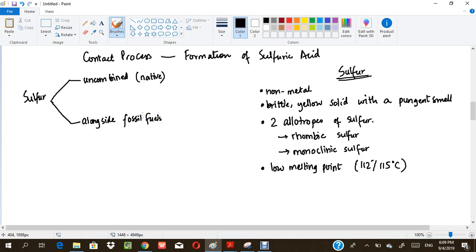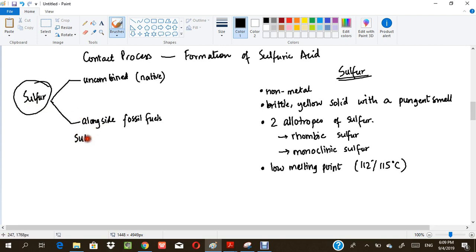Sulfur is a very important impurity in fossil fuels, be it coal or crude oil. Because sulfur is an important industrial and environmental pollutant, we try to remove sulfur from these fossil fuels before we use them. So, when we purify fossil fuels, we get a lot of sulfur from them.